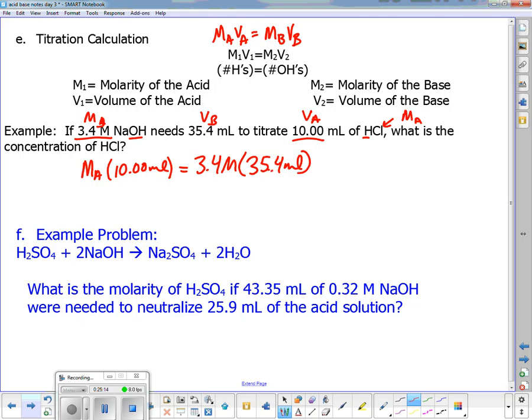Solving by math, I just divide both sides by 10 milliliters. It cancels out over here. Over here, the milliliters cancel, and I'm left with molarity. So I take 3.4 times 35.4 divided by 10. Somebody crunch that number for me.